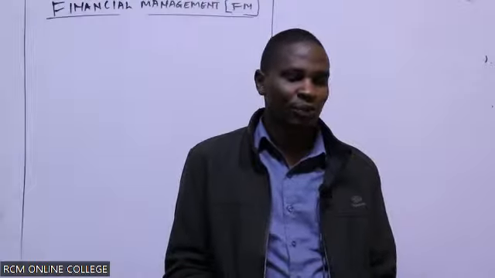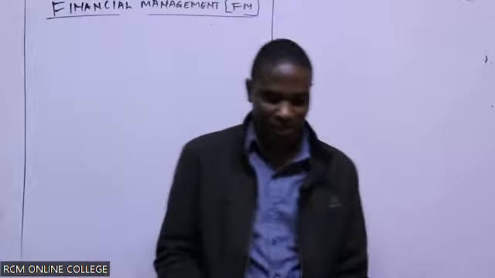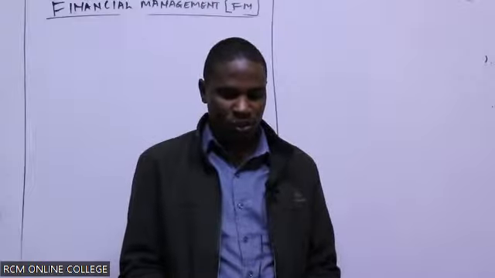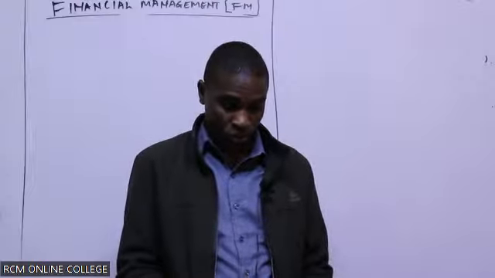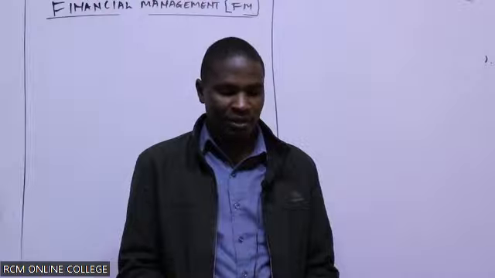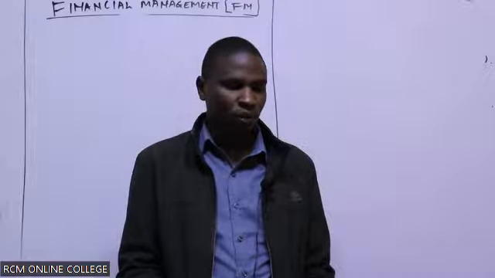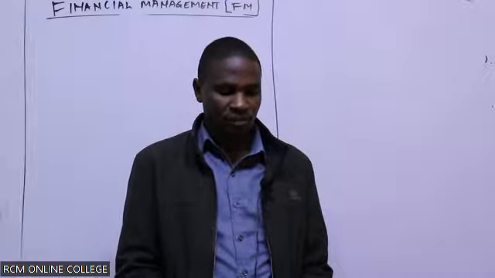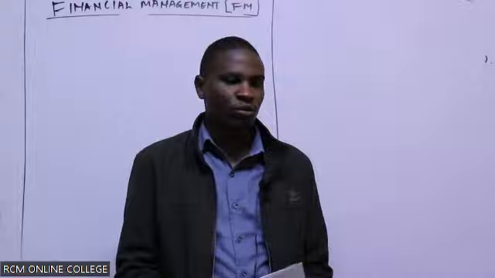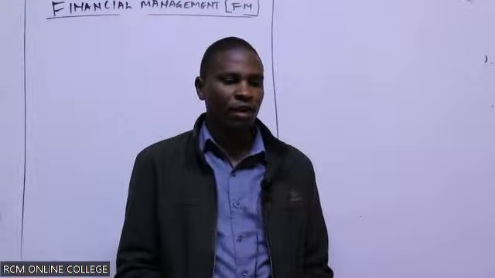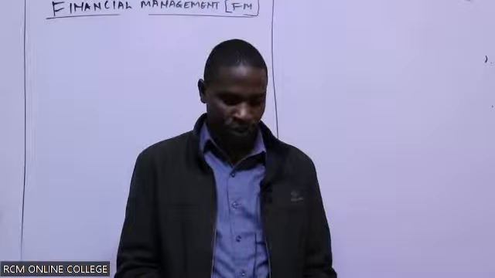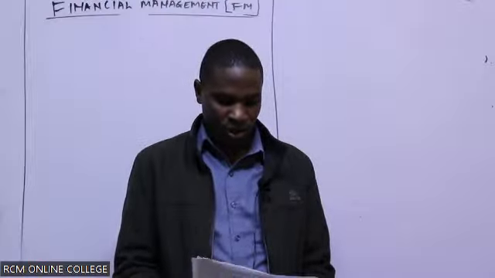And then the operating break-even quantity of sales in units also. Then degree of operating leverage, degree of financial leverage, and the last one is degree of total leverage. So for the first two, we have to introduce the formula.